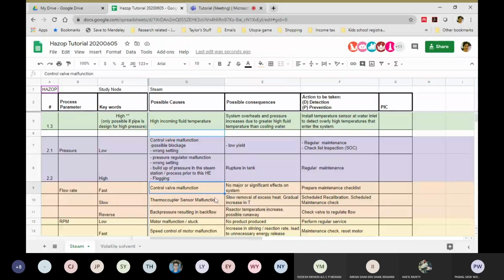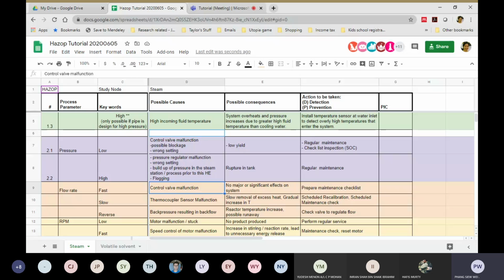You know one thing about this hazard analysis: so far, for all the classes that I have taught, only ME students will tell me that pipe clogging is a possibility, because of the modules that you have taken before. That's the biggest difference between CE and ME when it comes to hazard analysis.